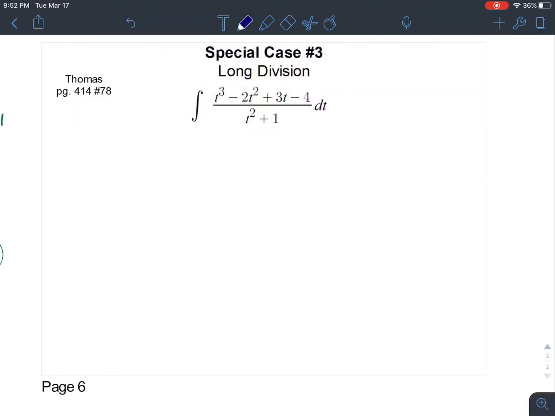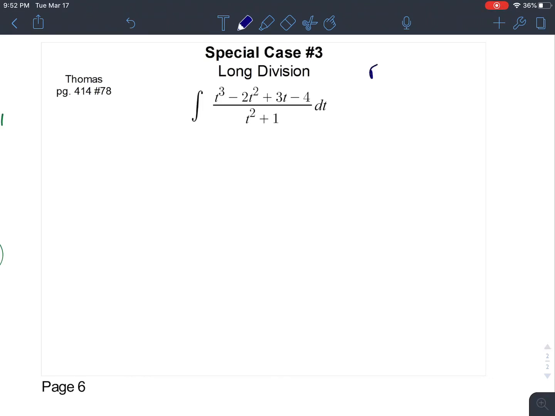All right, our third special case then is going to be long division. So something that you learned back in IM3. By the way, I said this at the beginning of the video, I strongly encourage you to remember these four special, well, not the fourth one. The fourth one is bad, let's just be honest. But the other three, the first, the second, and the third ones, where we had to complete the square, we had to do ax to the nth over ax to the nth, long division.